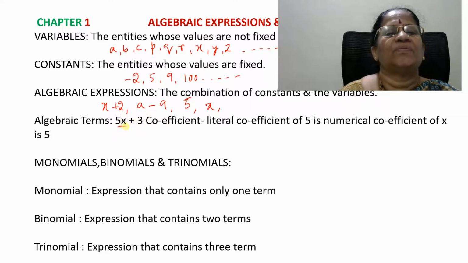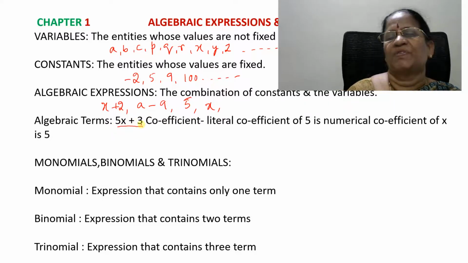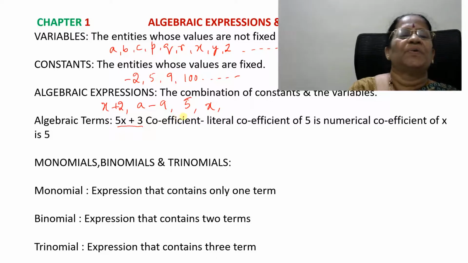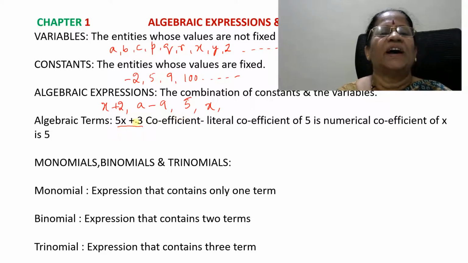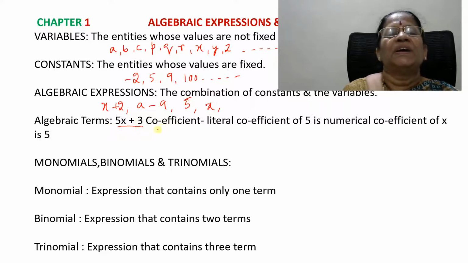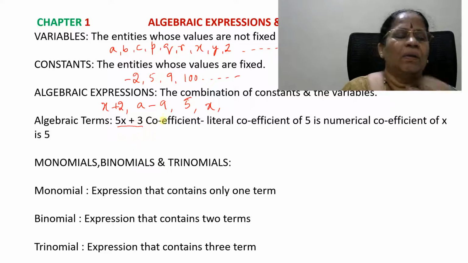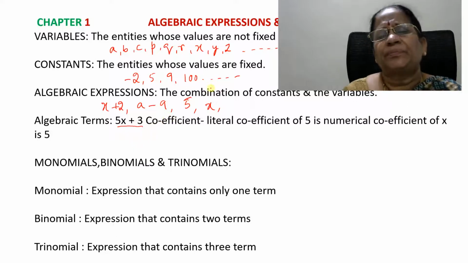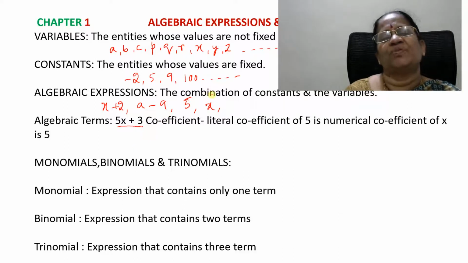What are algebraic terms? Suppose we have 5x plus 3. This is an algebraic expression. Now here 5x and 3 are said to be the terms of this expression. And then coefficient. We have two coefficients. One is literal coefficient and the other one is numerical coefficient.